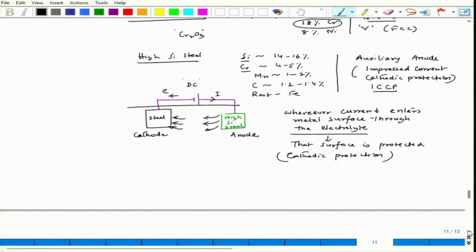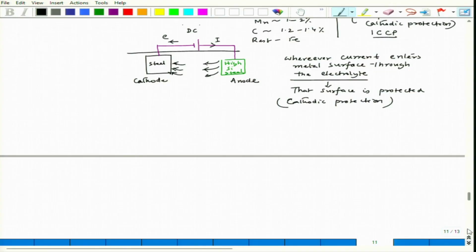Now, when we talk about composition, at the same composition one can develop several variations by changing the microstructure. Now, one way is you change the composition, another way is you fix the composition, you change the microstructure by applying suitable processing routes, and then you can also have quite a good amount of corrosion resistance.